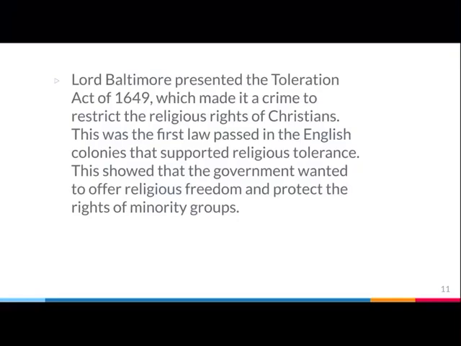They're not going to restrict it to you have to practice this one faith, and anyone else, get out. No, they're going to tolerate, accept and respect other religions of the Christian faith. And so this showed that the government wanted to offer religious freedom, the ability to practice other Christian faiths, and protect the rights of minority groups.